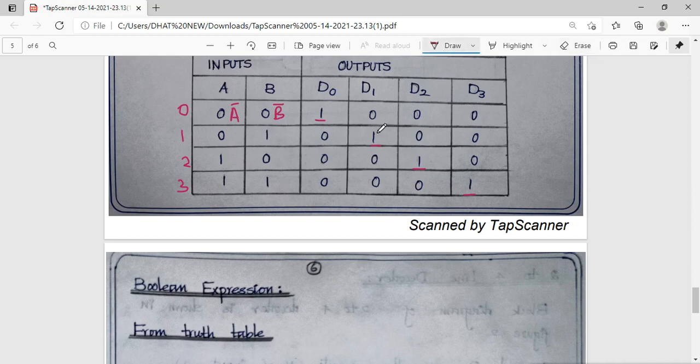For D1, the Boolean expression is A complement, and since 1 is uncomplemented, B. So A bar B is the D1 Boolean expression. For D2 it is A B bar. And for D3 it is A B. Here we wrote 4 Boolean expressions for D0, D1, D2, D3.